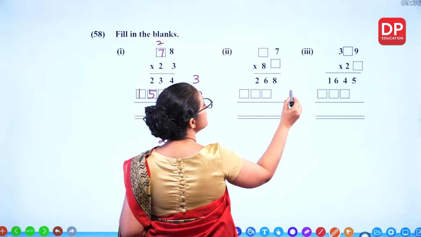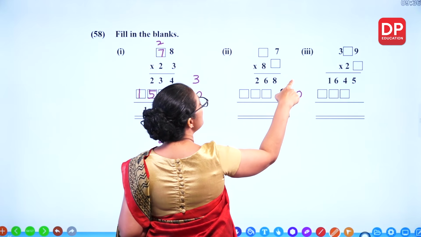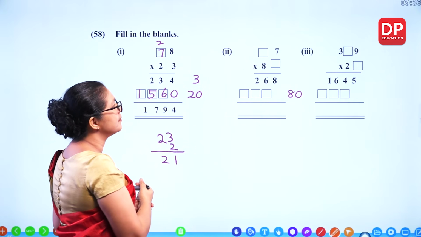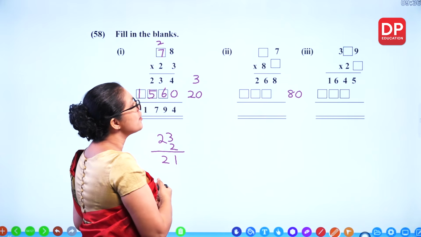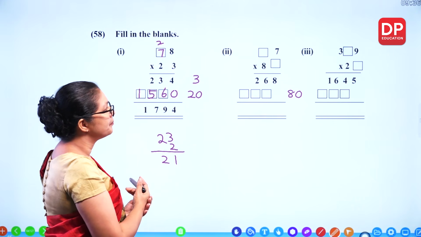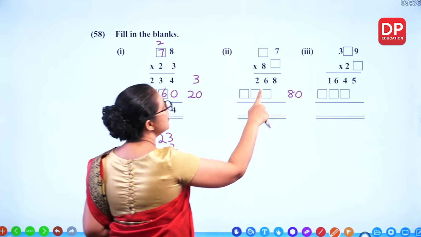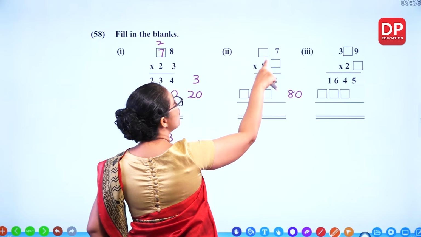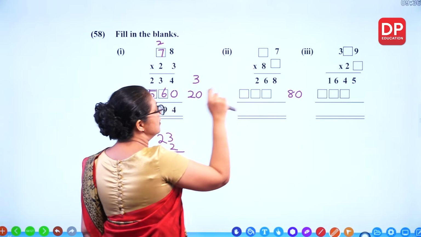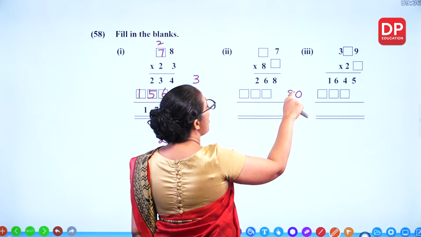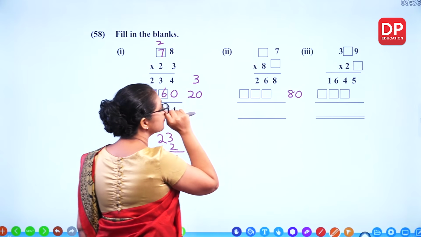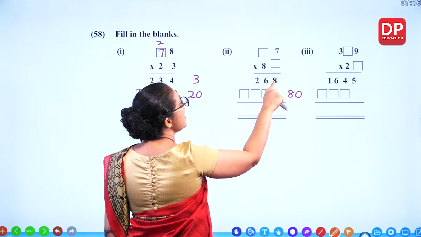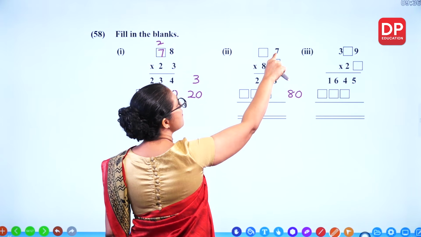So 80 is this number and we don't know which number is that. So how do you figure that out? Here we need to find out both numbers. How do we get 8 here and 7 here?